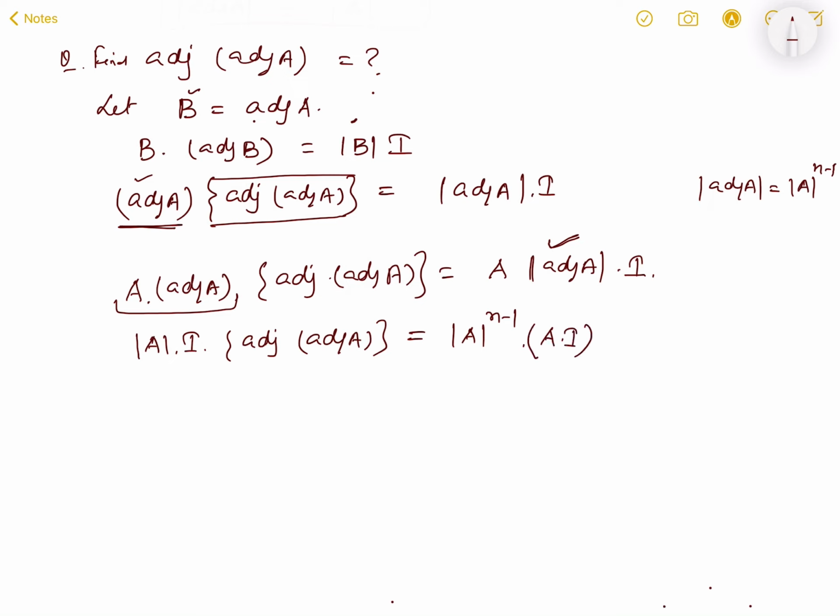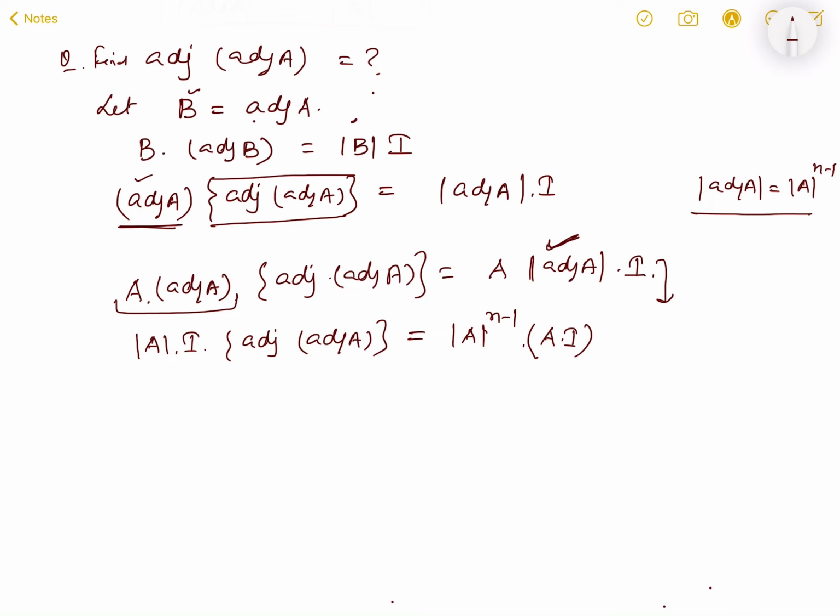Now you may ask why the order changed here. Yes, the order changed because first you understand, this is the numeric number, so this can be taken out, and the value of this numeric number is determinant A to the power n minus 1 from the previous article.